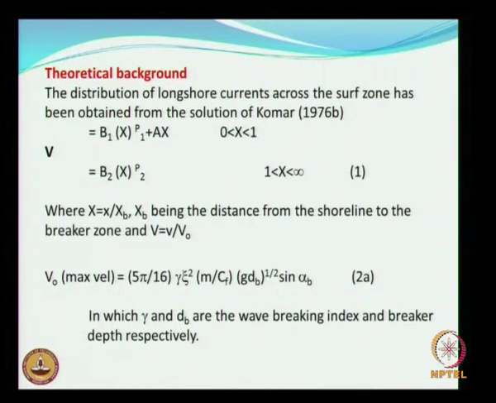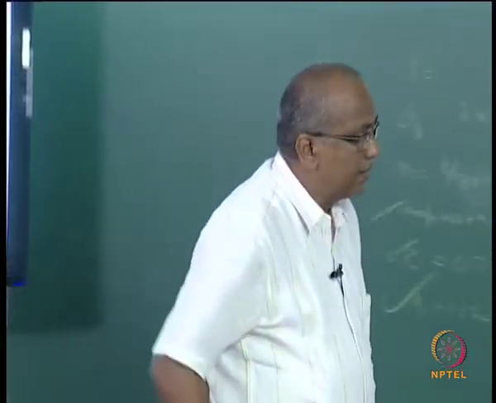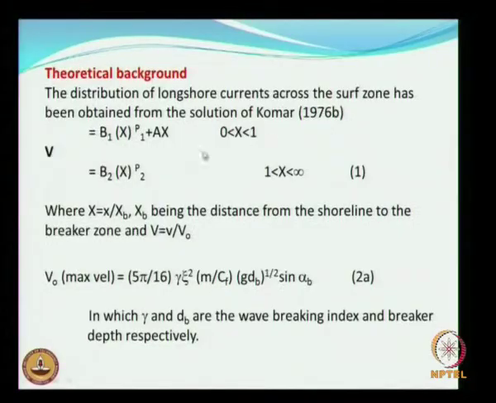The top one is the expression for calculating the longshore current velocity within the surf zone, and beyond the surf zone you use this other expression. So this is within the surf zone and this is outside the surf zone. Is that clear?